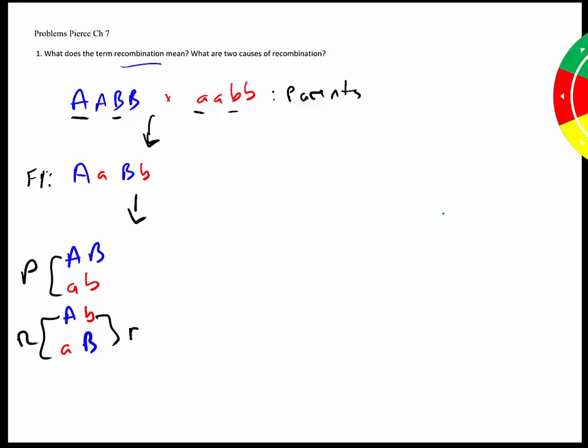So these are recombinants, and these are non-recombinants, or parentals.